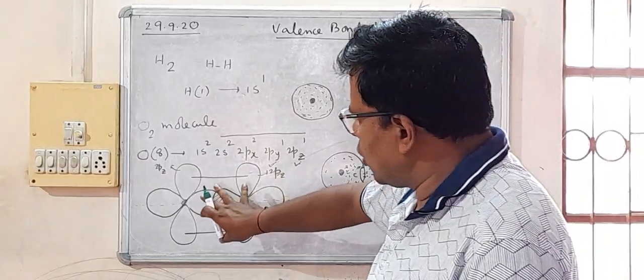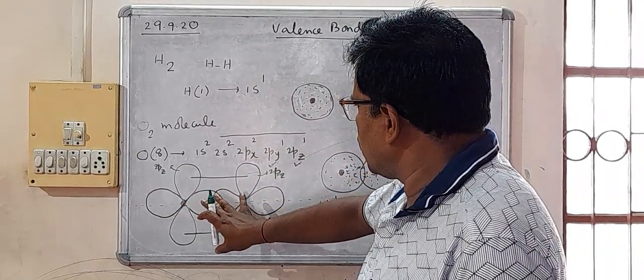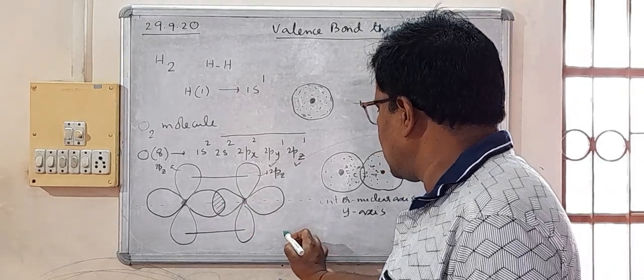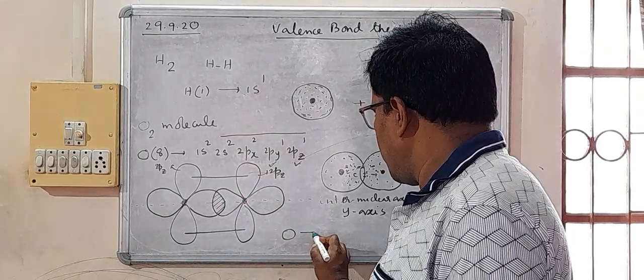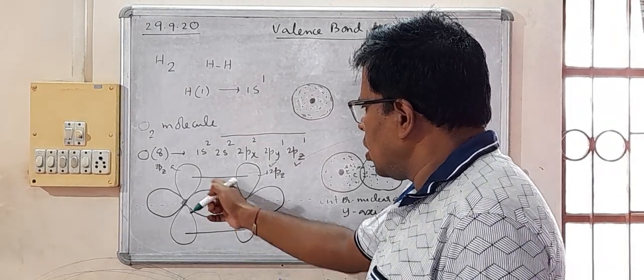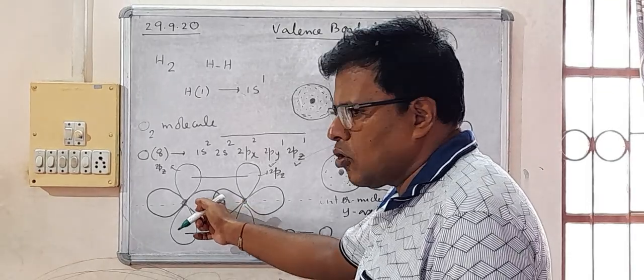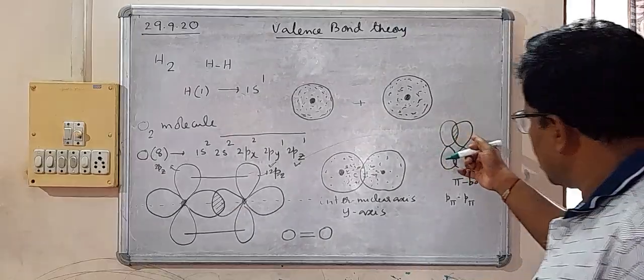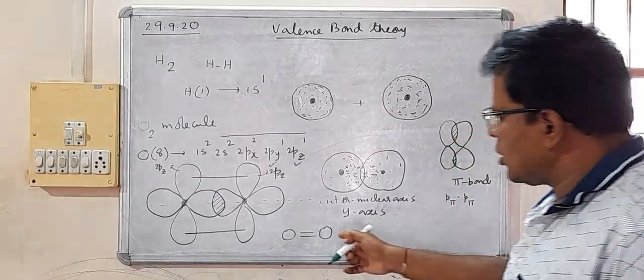So this is our O2 molecule. And after that we can draw it like this: O, a double bond. The bond formed by head-on overlap is called sigma covalent bond, and the bond formed in this way is pi covalent bond.